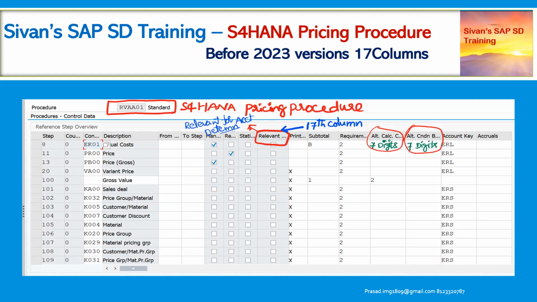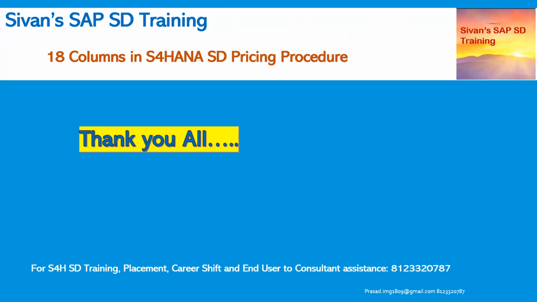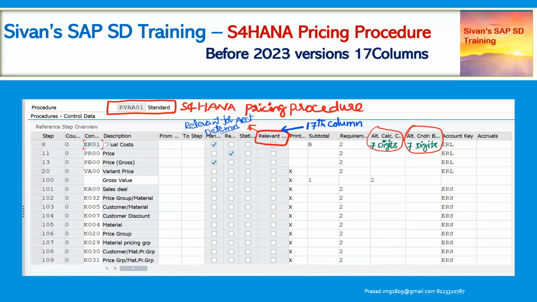Please remember these values and the information and their control, so that whenever you attend an interview and come across the question, can you please explain about the 18th column of the pricing procedure in S4HANA, you do not say that you don't know or have not come across it.